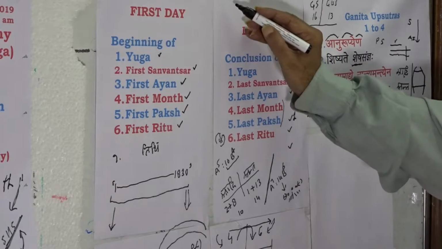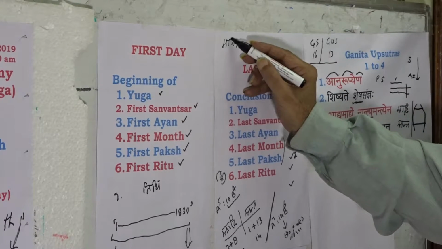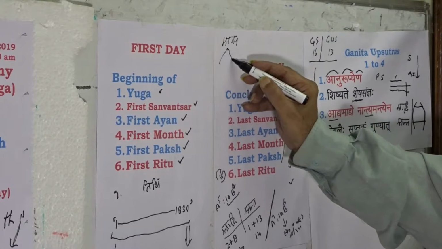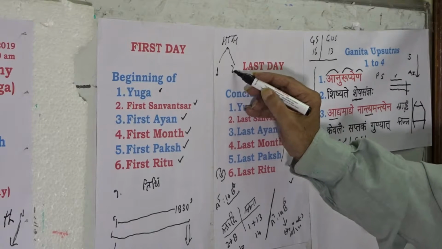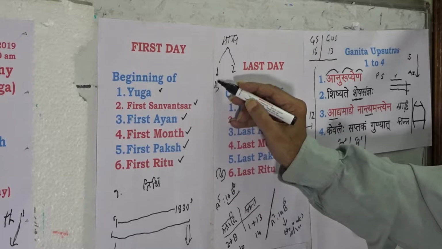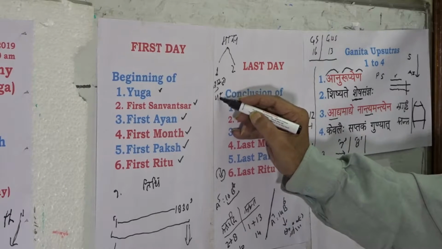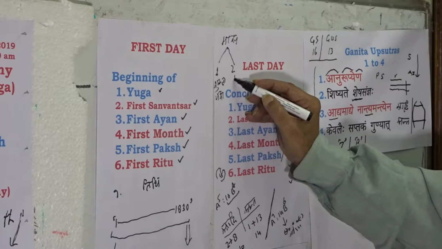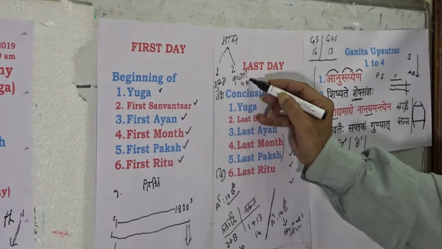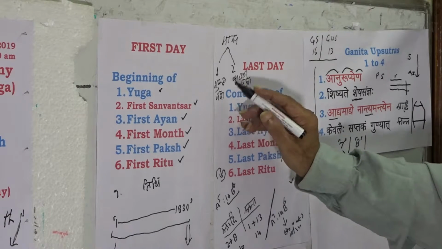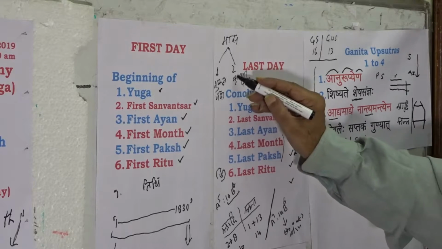So therefore, when we have a maas or a month, then each maas is a setup of a pair of paksh, the first paksh and the second paksh. The first paksh is called Shukla paksh. So let us note down this technical term: Shukla paksh is the first paksh and Krishna paksh is the second paksh. Therefore, the beginning is going to be at the first paksh and the reach would be at the Krishna paksh.